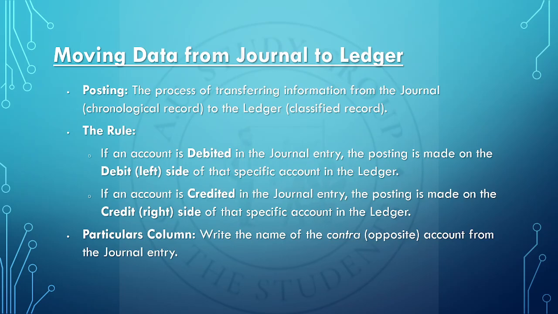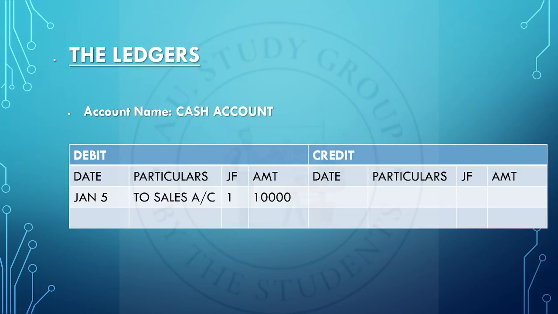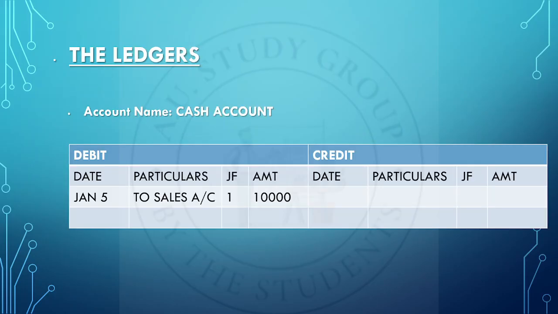By what name? By the opposite name, the sales name. Understood? Date January 5th, cash account debited, to sales account. The particular has to be "To sales account", the credit account.